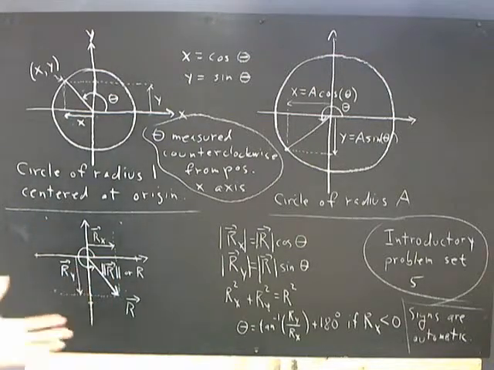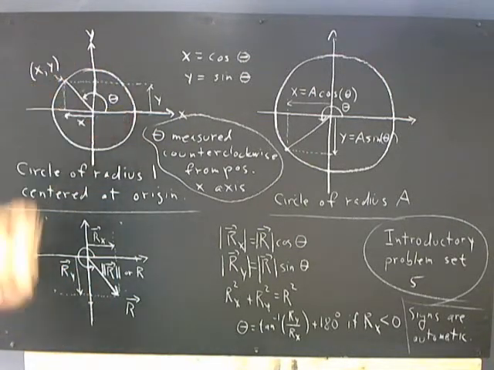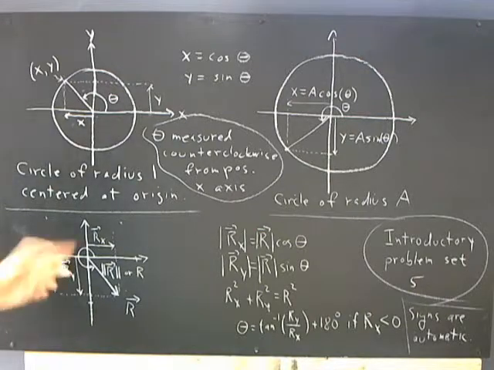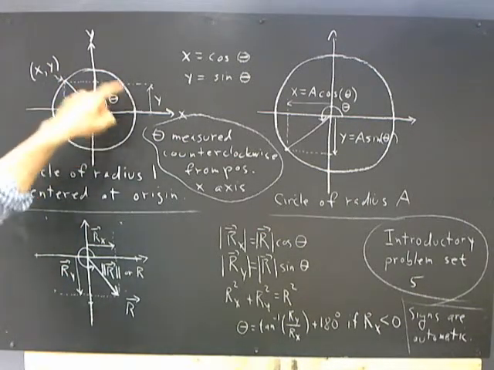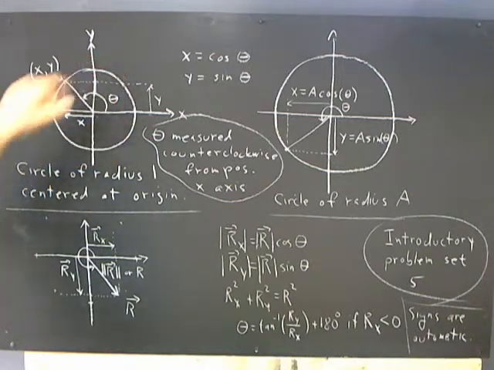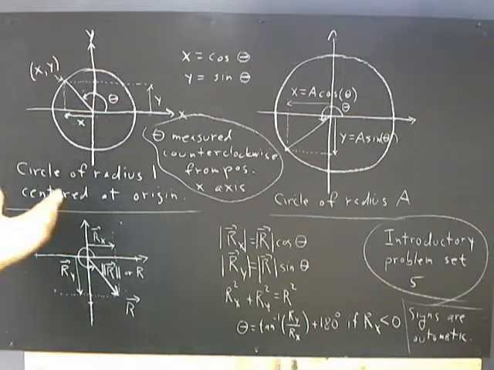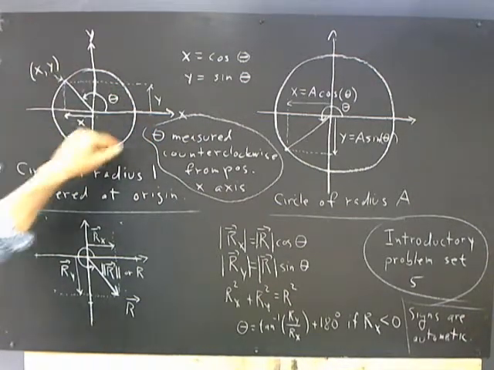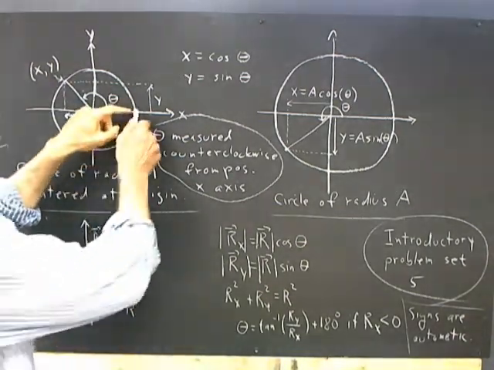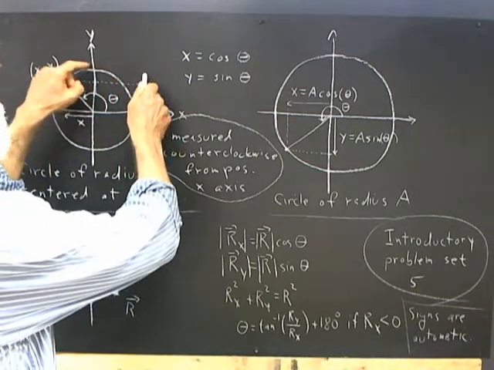Another really good thing about the circular definition is we can imagine this point moving at some constant velocity around the circle, again and again around the circle. What's going to happen to the y-coordinate as we move from here all the way around the circle? Well, as we move from here, the y-coordinate is going to increase.